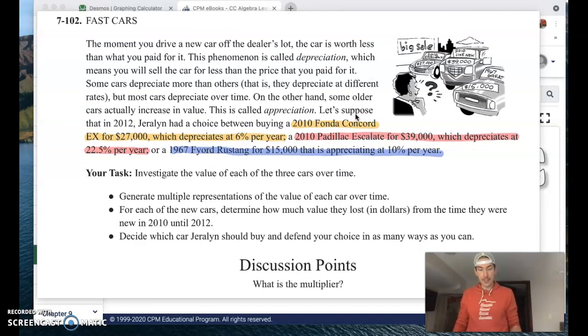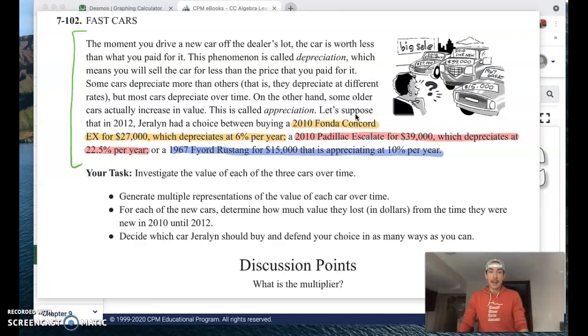Here's what we're going to do with all this info today. We're going to go ahead and keep in mind our multiple representation webs as we generate all the representations of this problem. And we, of course, have the situation one already done here.